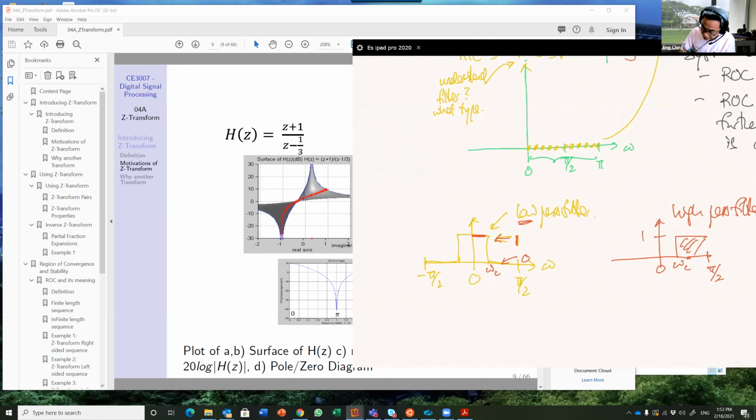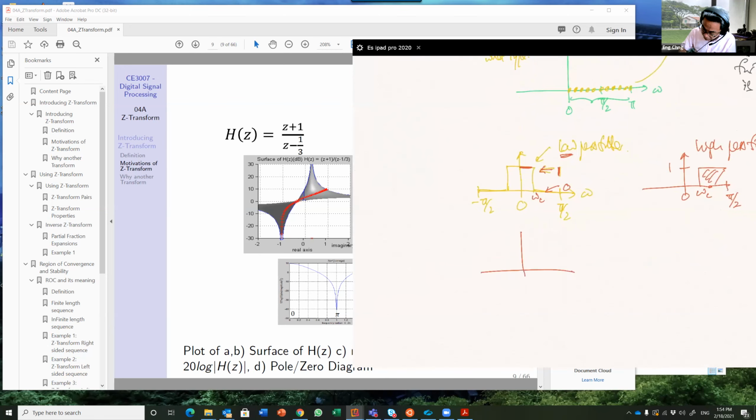And then there are 2 others. One is called the band stop, means at pi over 2, from here to here, the frequencies are attenuated dramatically. And here to here, the frequency is only passed through, but here is attenuated.